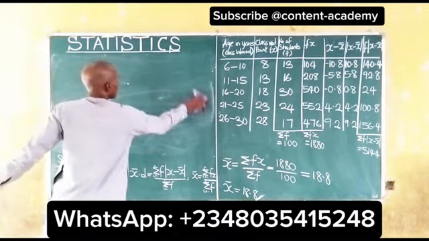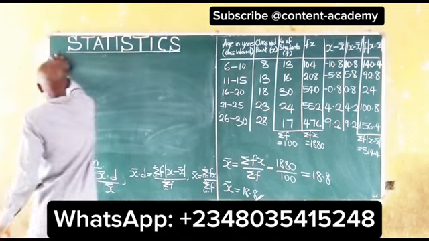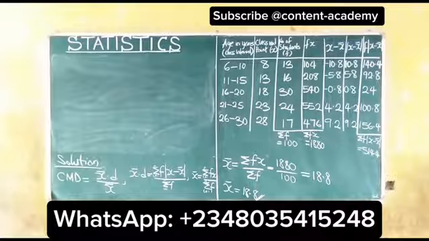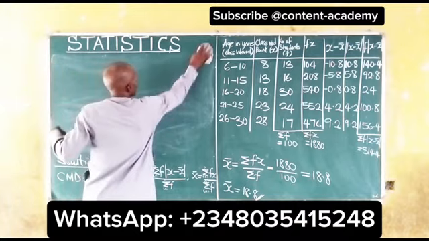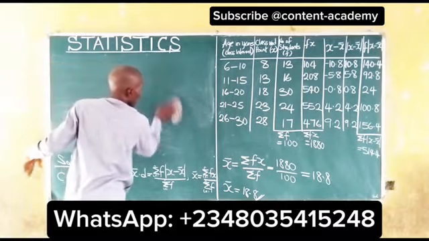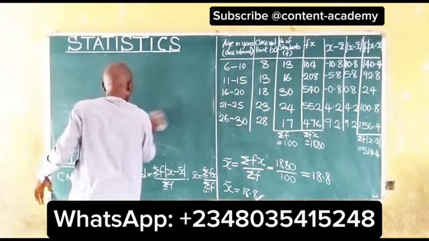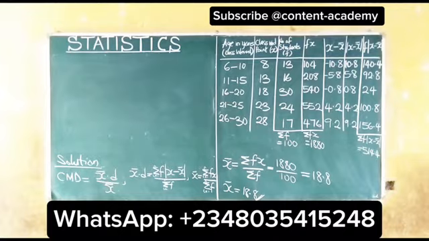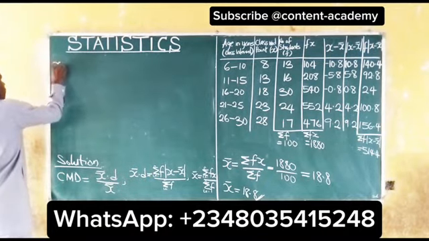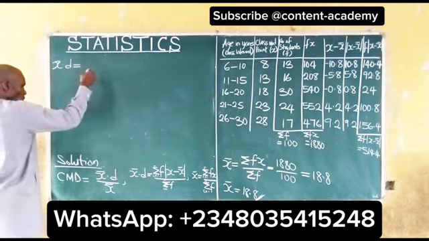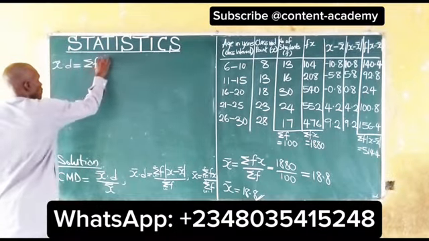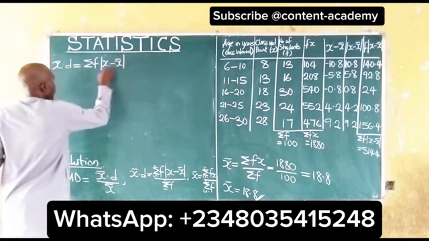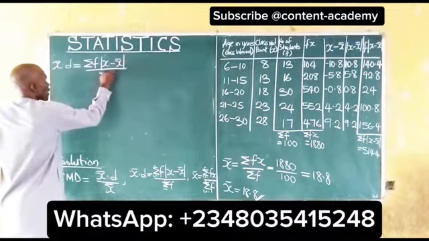So we are asked to calculate the coefficient of the mean deviation. It means that we have to calculate for this, which is x bar multiplied by the deviation, equal to summation of f of x minus x bar all over summation of f.